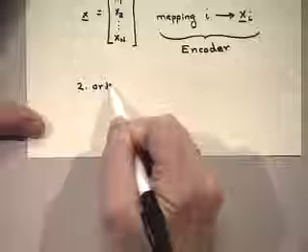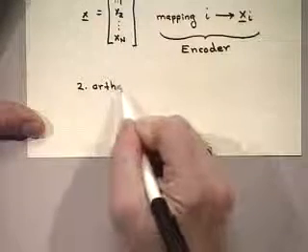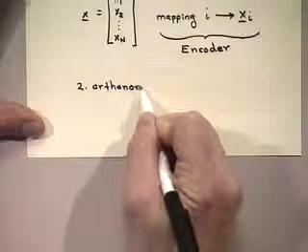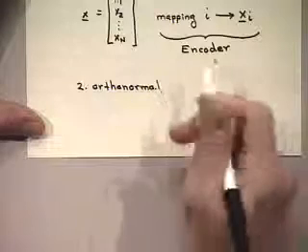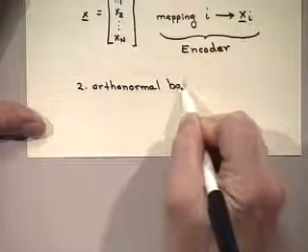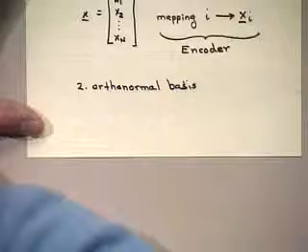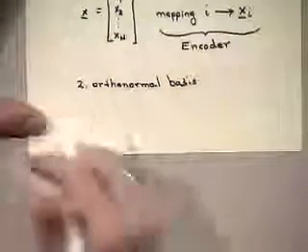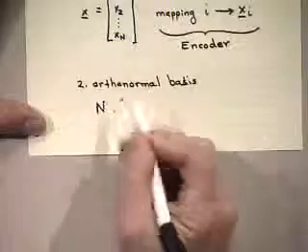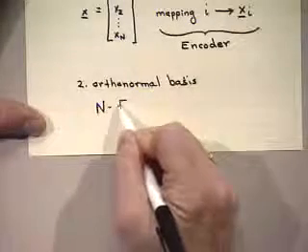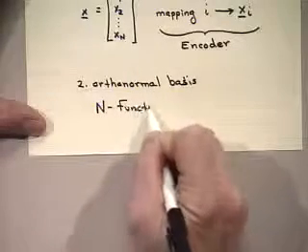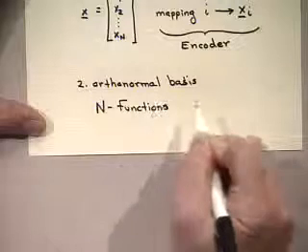And the data symbol is one of two things that I need to formally describe modulation. The second thing that I need is what's called an orthonormal basis. Same capital N, and it's a set of functions. So I have n functions.